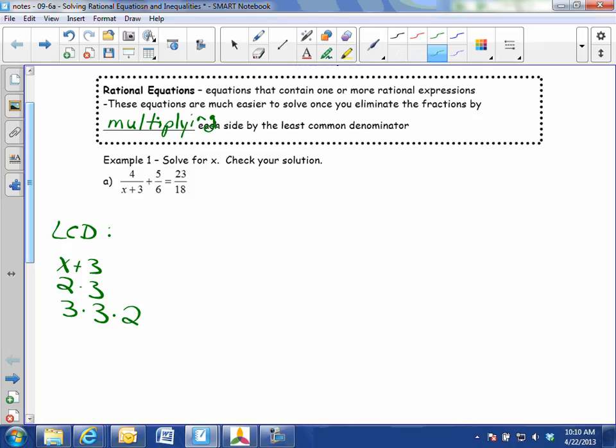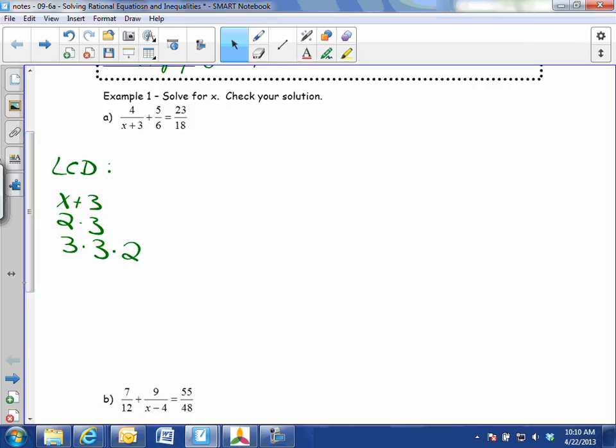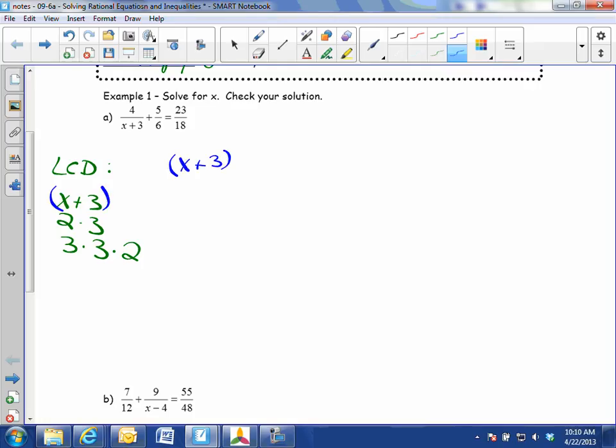Remember with least common denominators, we want to pull out each factor the most times it appears. x plus 3 only appears once, so we want it in there. 2 appears once. And 3 appears twice, so we want it twice. Everybody remember doing this? So what's 3 times 3 times 2? We're really taking 18 times x plus 3 as our least common denominator.